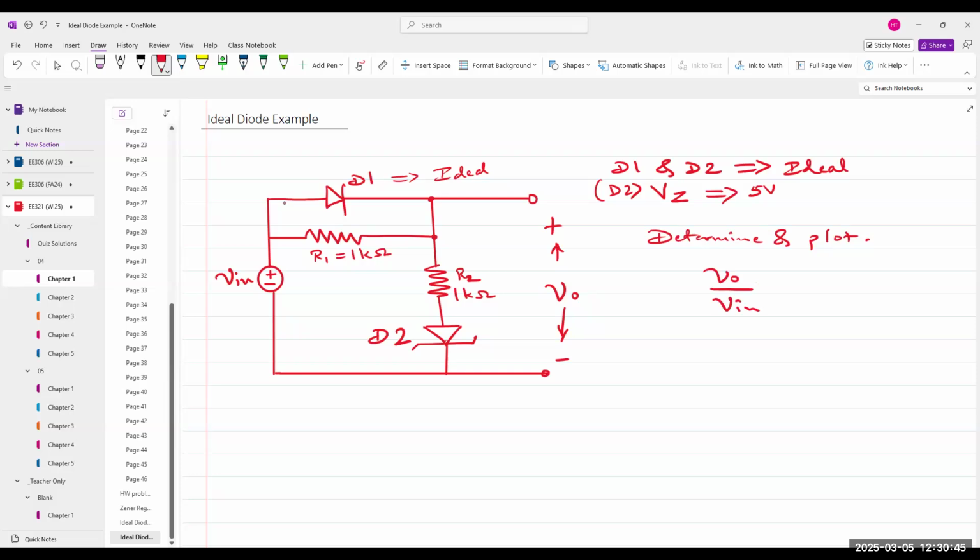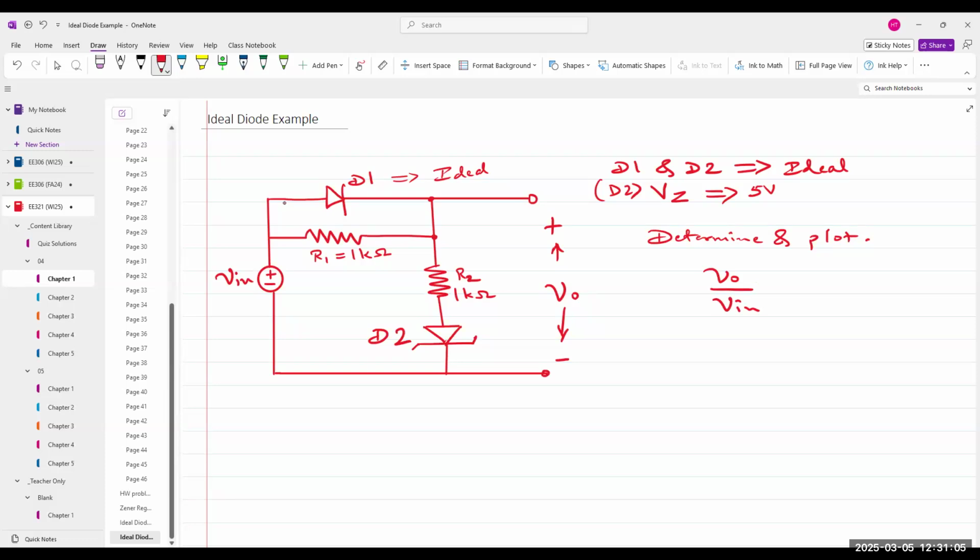So V out as a function of V in. How would you approach this problem? D1 is straightforward.